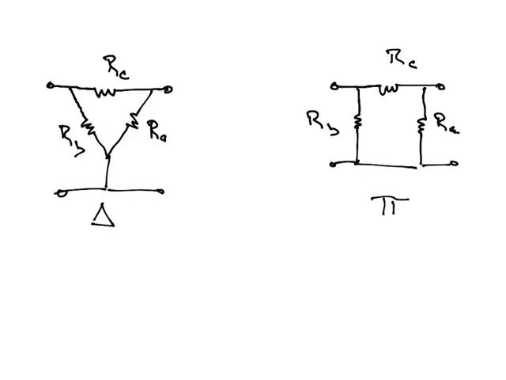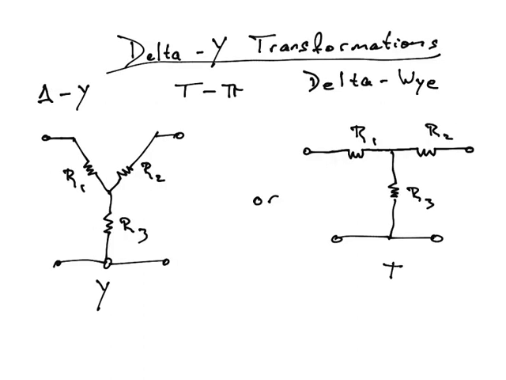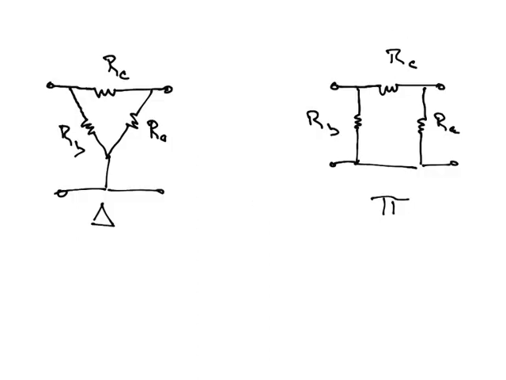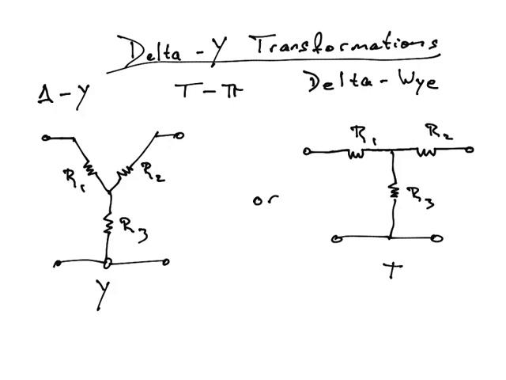But the way this connection reacts to the rest of the circuit is equivalent. So I could either use the Y and try to solve my circuit like that, or if I get stuck, I can convert it into a delta connection, and maybe that helps me further my analysis later on. And of course, the same can be said for the T and the pi. I'm going to use delta and Y just because that's what I'm more comfortable saying, that's what it's known as. But everything I say about delta and Y is the same for pi and T.